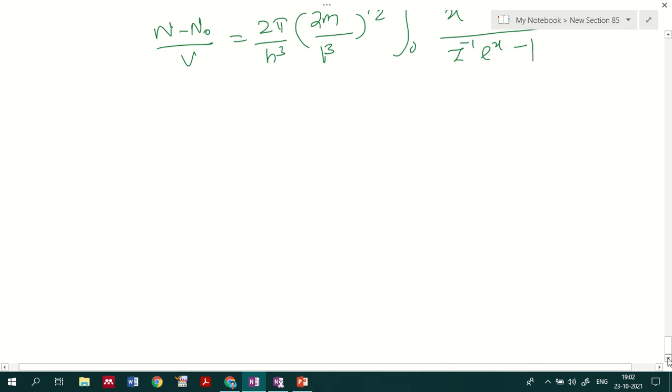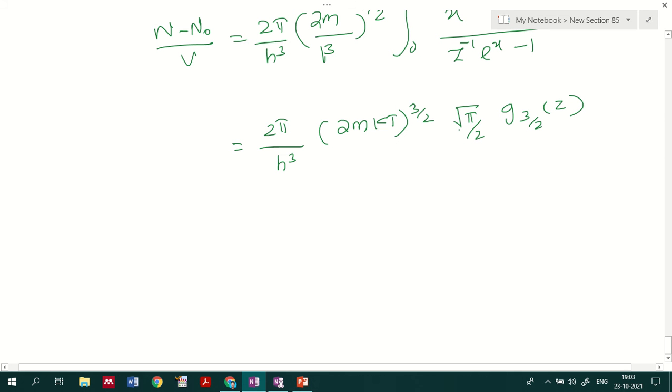The solution of this one we can simply write as 2π by h cube, and 2m by β, which is 2m kT, raised to 3 by 2. The solution of this integral is root π by 2 g 3 by 2 of z.